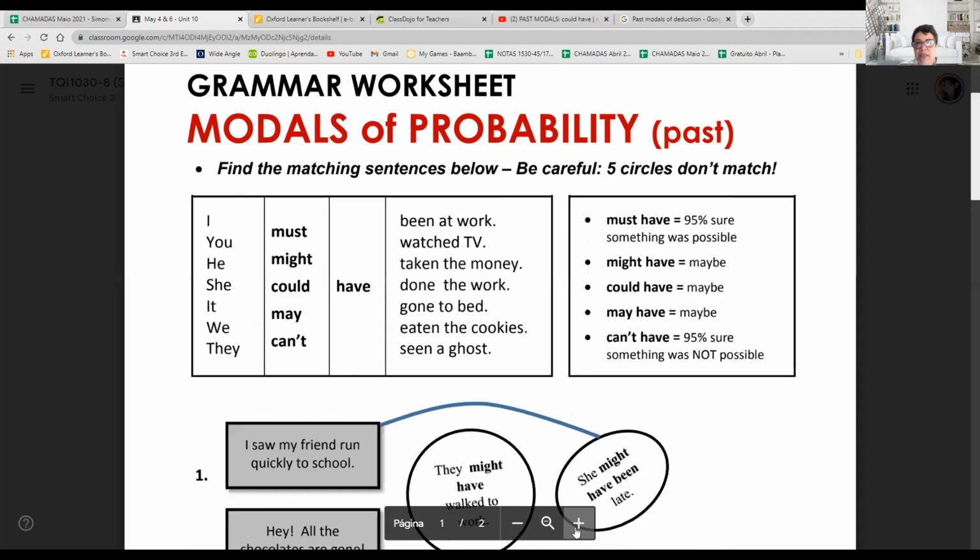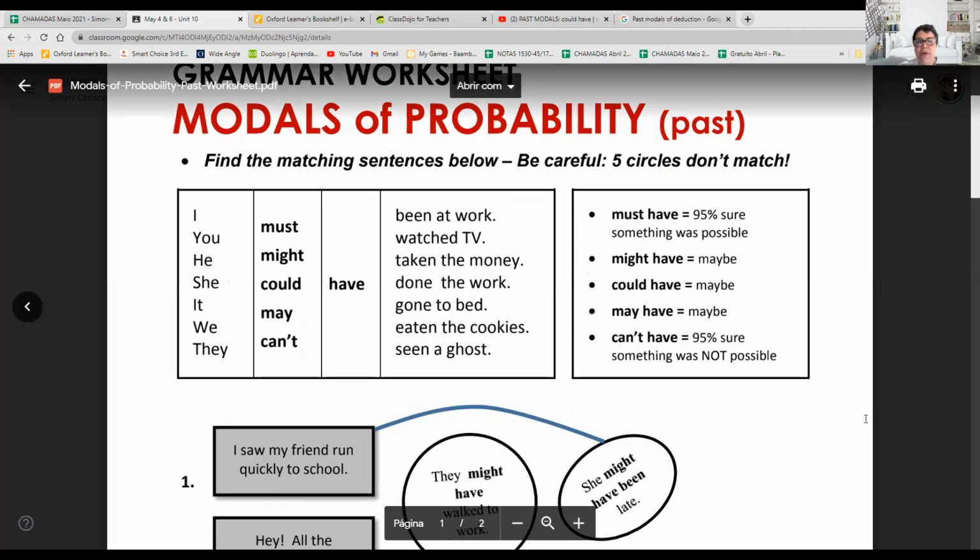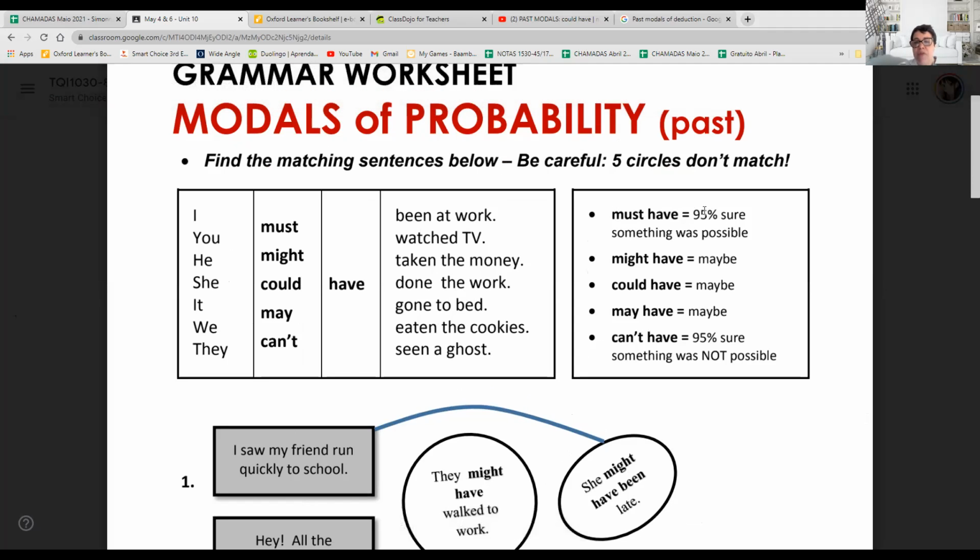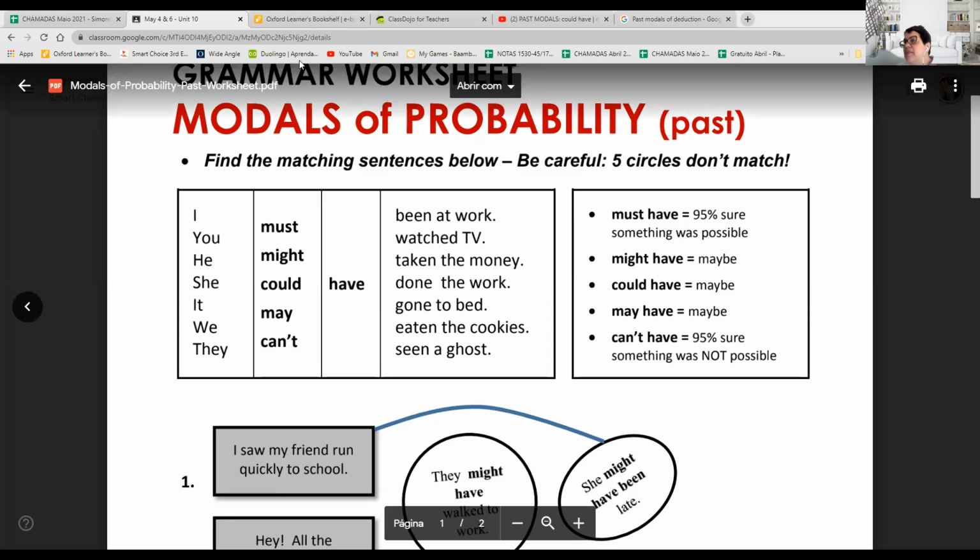Let me just maximize here. I think now it's better to see, right? So must have, 95% sure something was possible. Might have, could have, and may have, maybe. I'm not so sure. Can't have or couldn't have, just a moment.